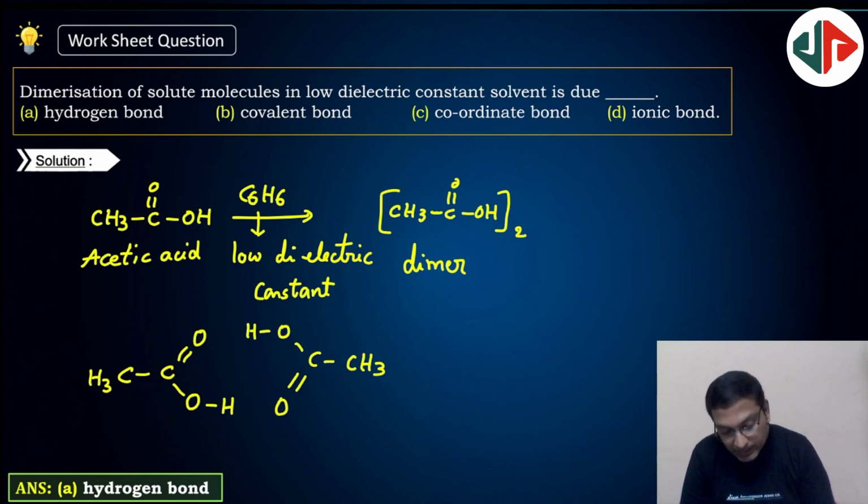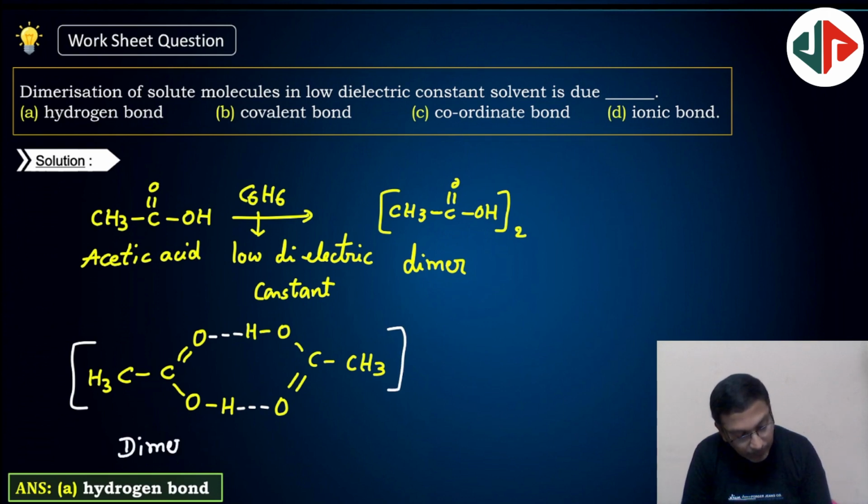I'm writing here hydrogen bonding dotted lines, hydrogen bond. This is dimer. Dimer of acetic acid.